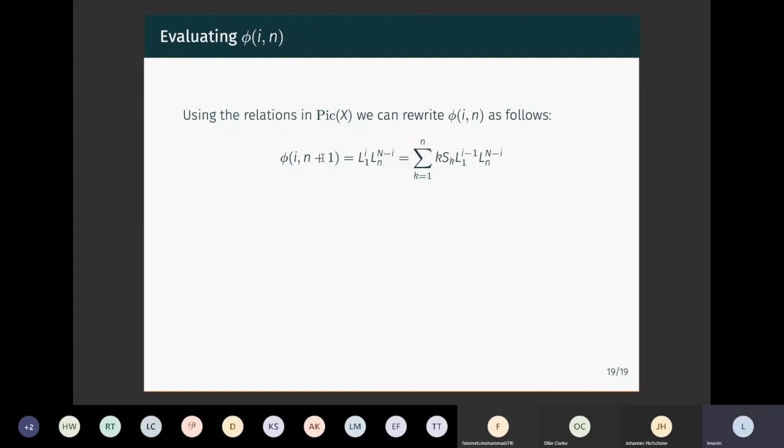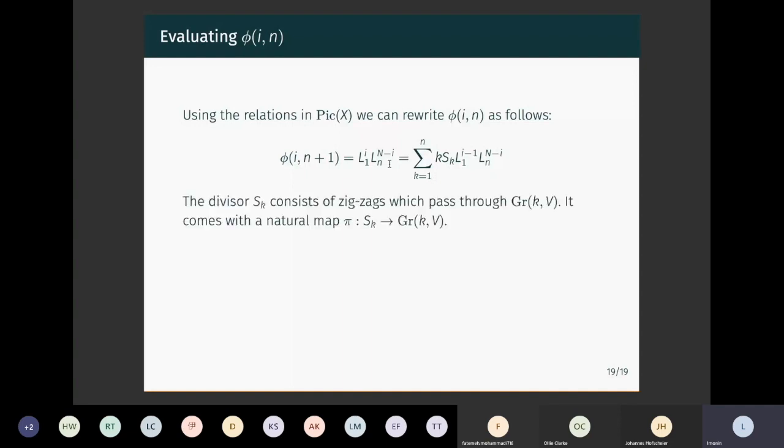What is important is that we can write phi as a linear combination of Sk times some monomial in L1 through Ln. And it turns out that this thing, Sk times L1 through Ln to some degrees, is easier to evaluate than the original monomial in L1 through Ln.